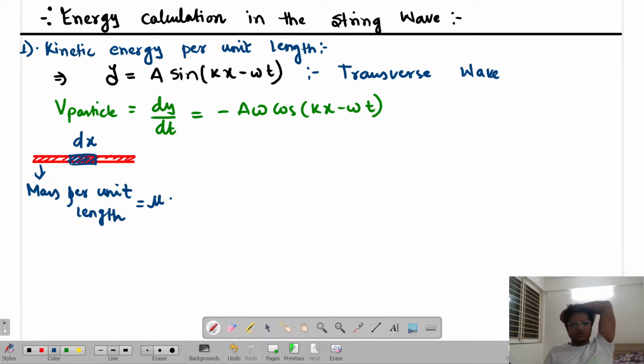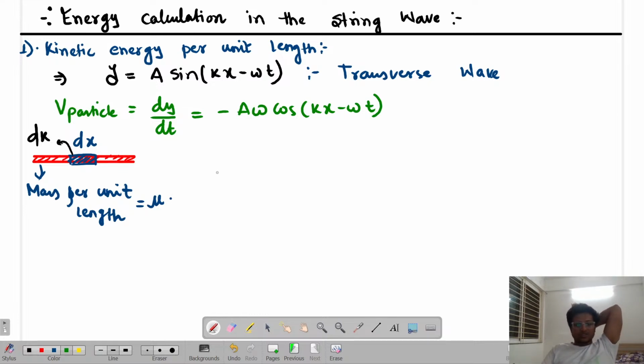Now look carefully. For this small length dx, I'll have a very small kinetic energy, which I represent by dK.